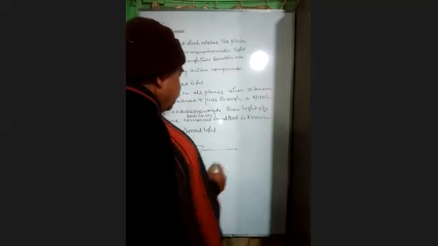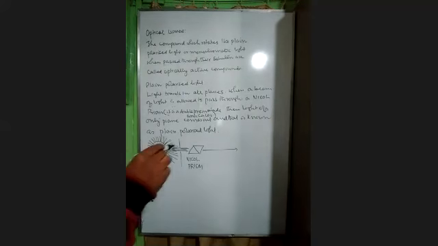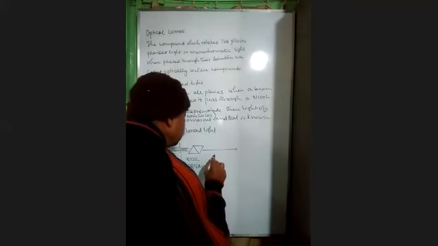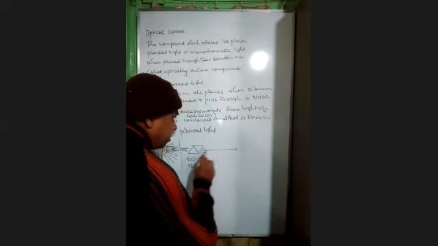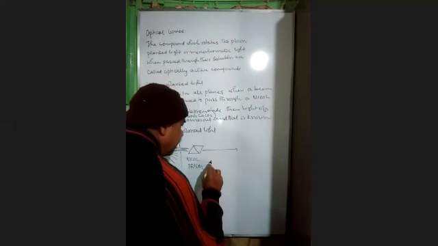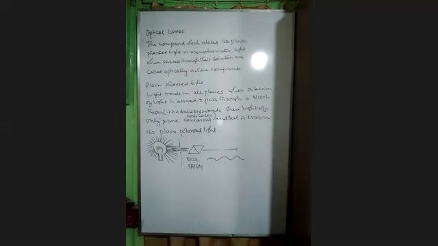You know, light is an electromagnetic radiation. So how will it go through? It goes through in the form of waves. This is the one plane it goes, or you can say only one wavelength will pass through. Other wavelengths will not pass through.